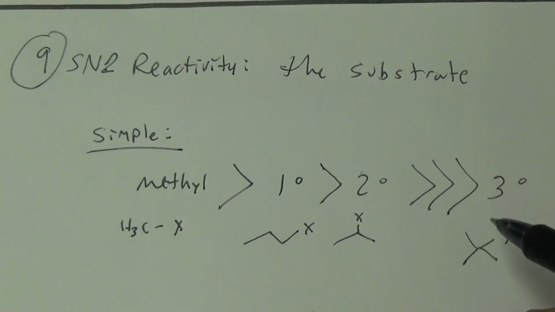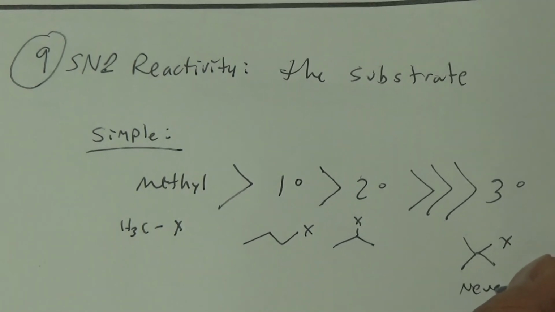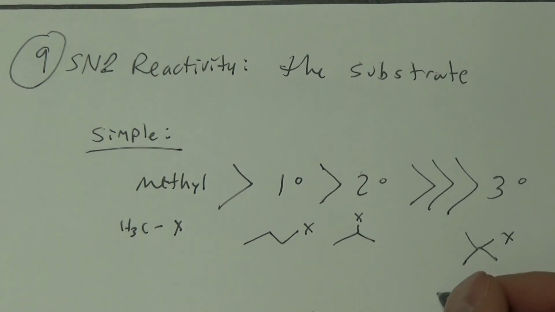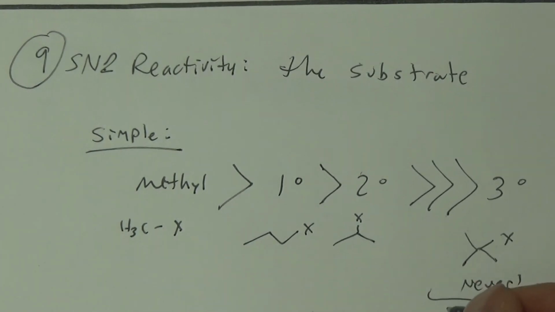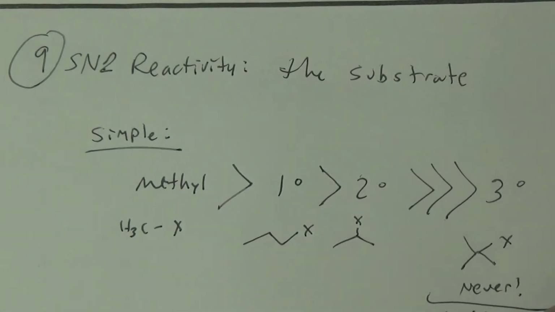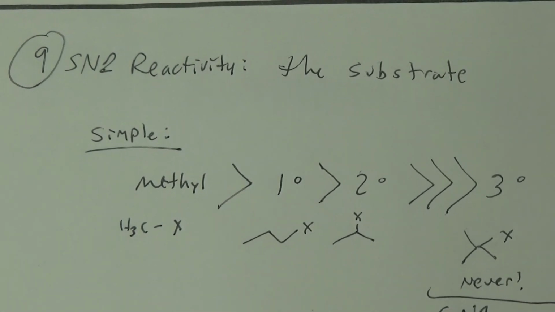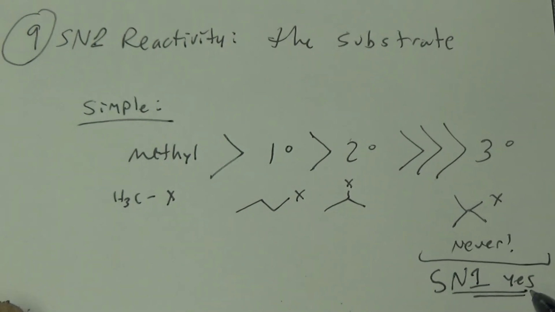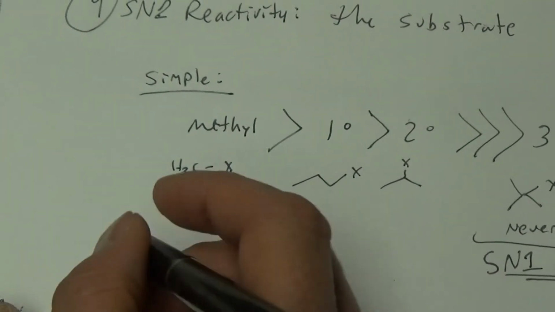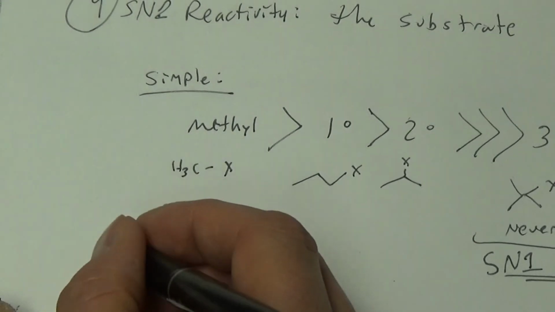You should just assume that tertiary SN2 does not happen. Never. But what we will see in the next chapter is SN1 reactions do happen. Yes, SN1 happens on tertiary. And we'll talk about SN1 shortly in the next chapter.